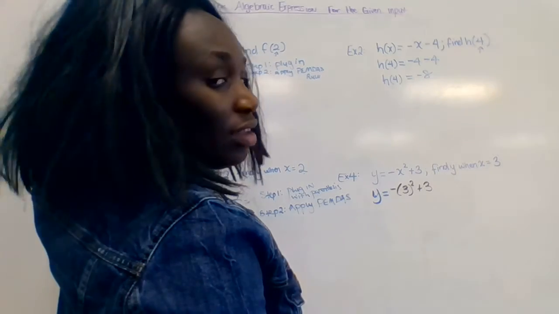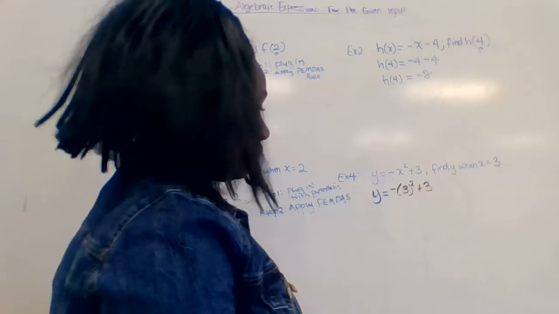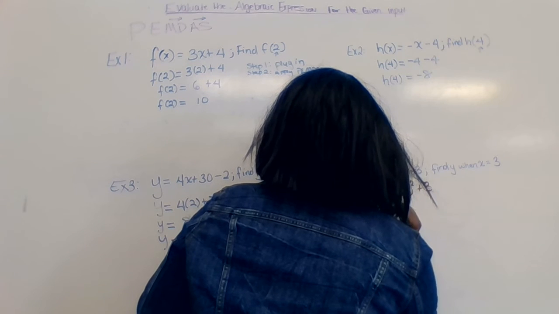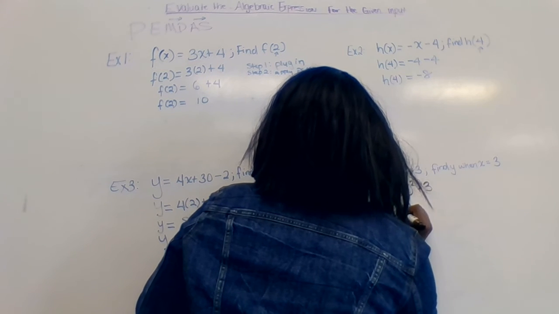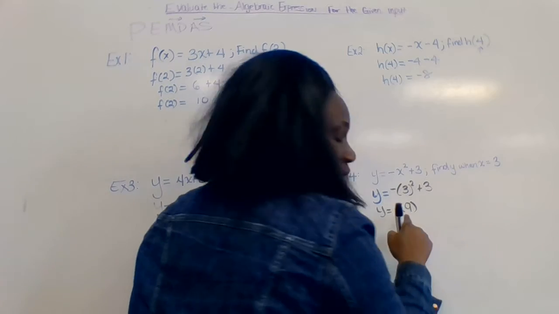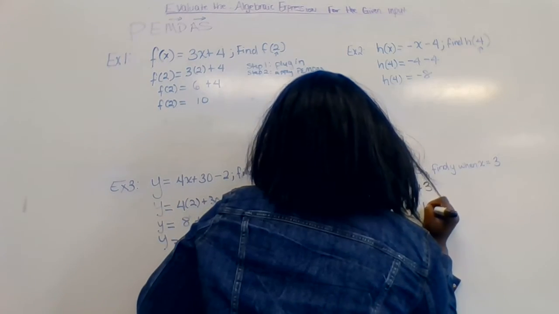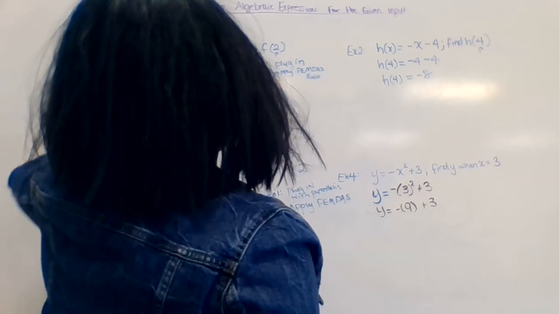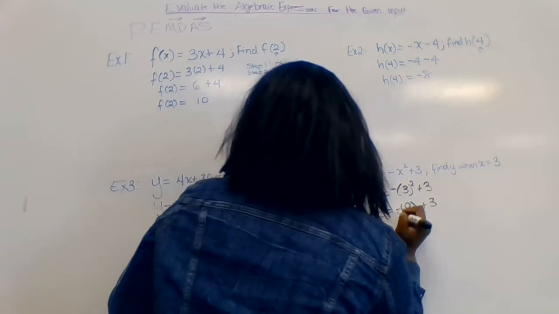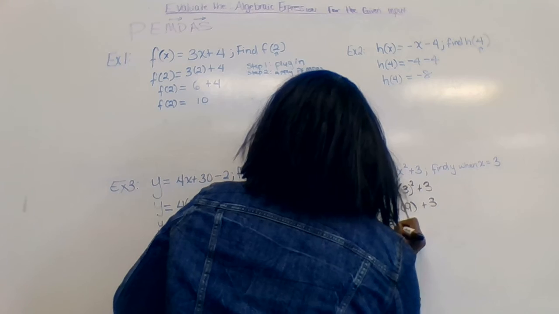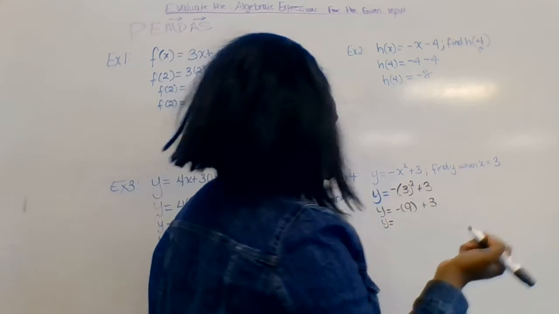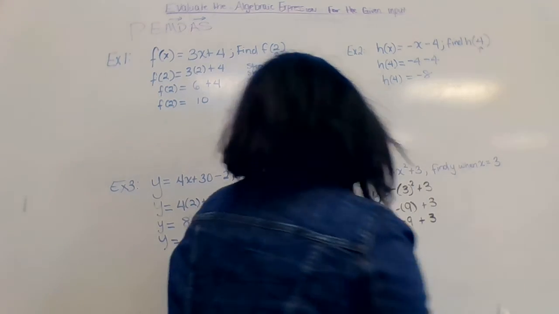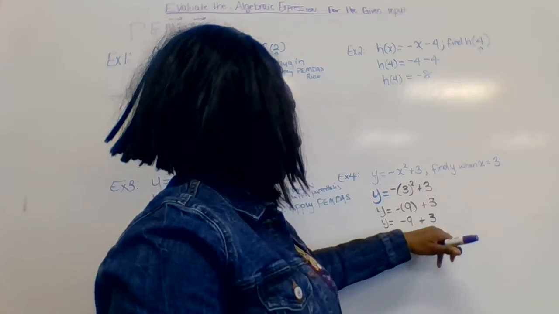I don't have any parentheses, so I go next to exponents. So I'm going to do 3 squared, which is 9, before I multiply times my negative outside. So I have negative 9. Now I can do my multiplication. Negative, that's like saying negative 1 times 9, which is just negative 9, plus 3.